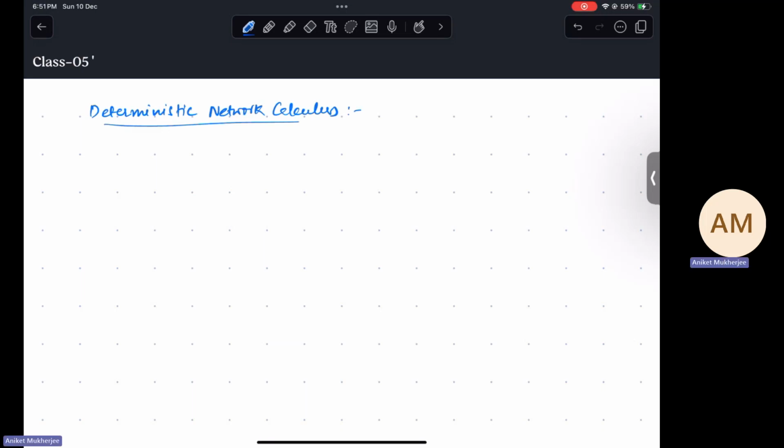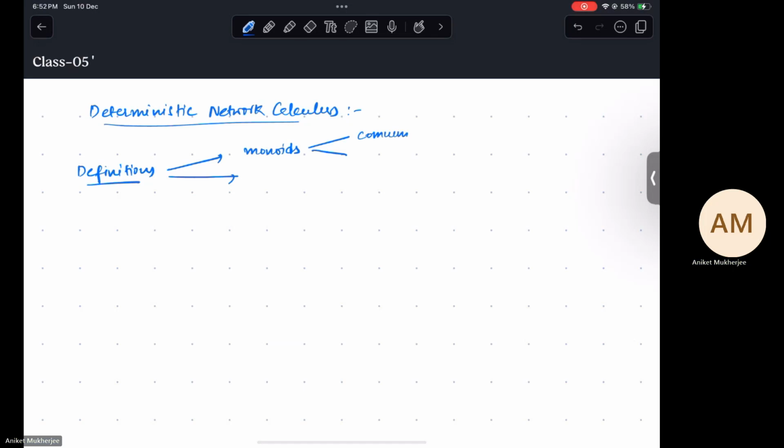So last class we saw some definitions of monoids, two types, commutative and idempotent monoid.